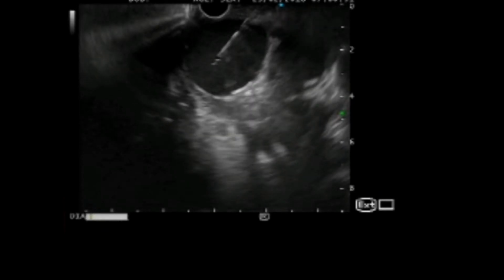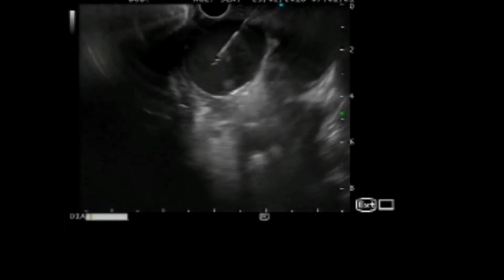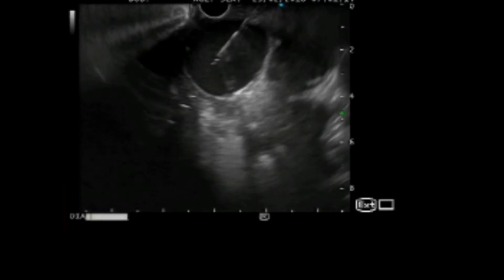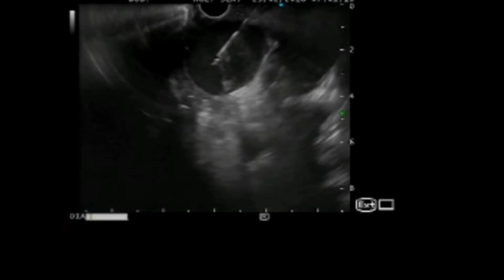Here the coil is being advanced slowly into the target lumen. I'm using the linear echo endoscope at a frequency of 7.5 megahertz. It is very helpful to see and target the feeding vessel and the vessel lumen.